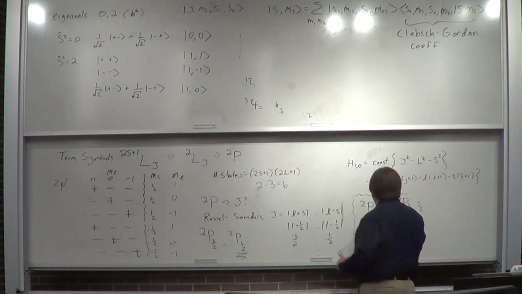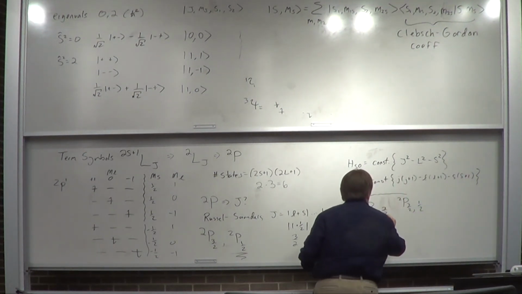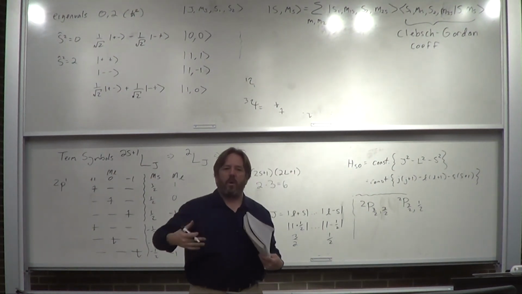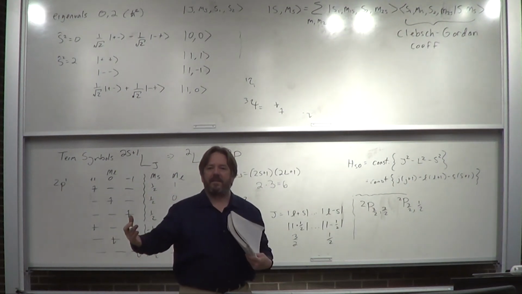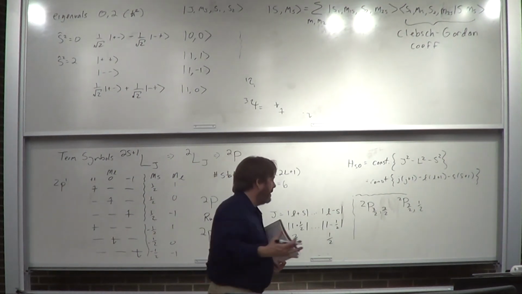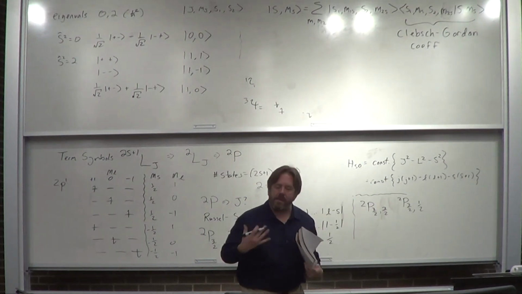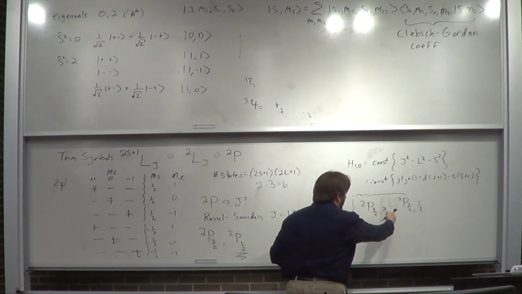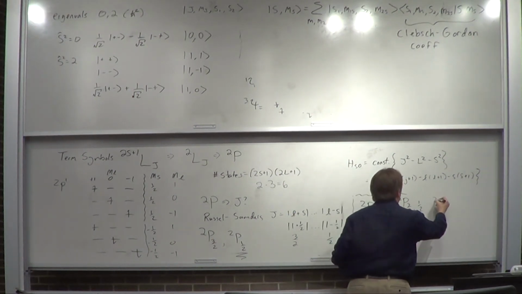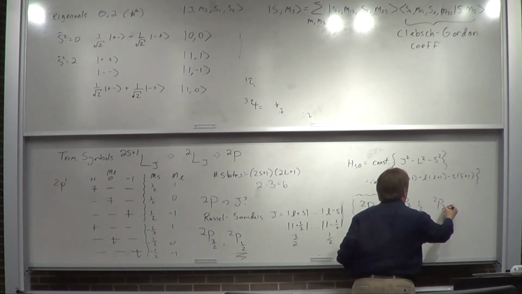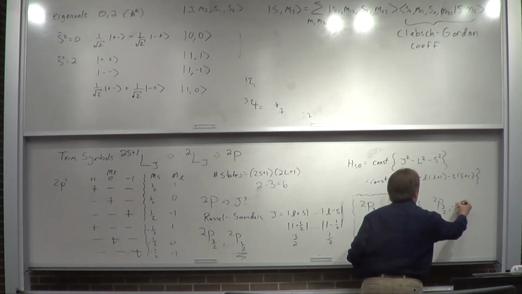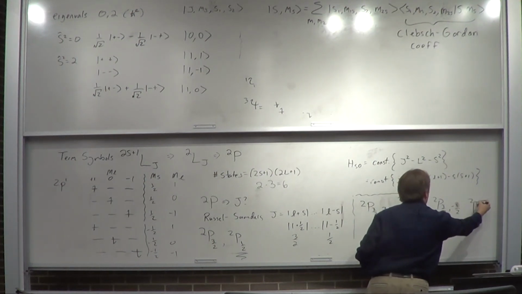So just like a P state, when I take the L and subtract 1, from plus L to minus L, to get the M sub L's. Sorry it's taking me so long. Plus L, subtract 1 again, minus 1 half.